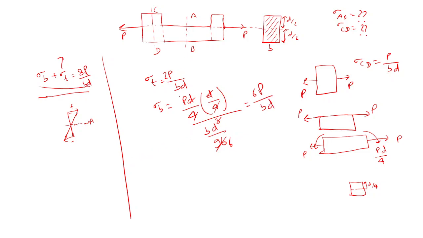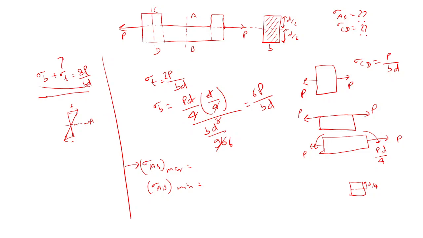So in the AB cross section, two things may be asked: what would be the sigma AB maximum and sigma AB minimum, both may be asked. So the maximum would be how much? 8P by BD.